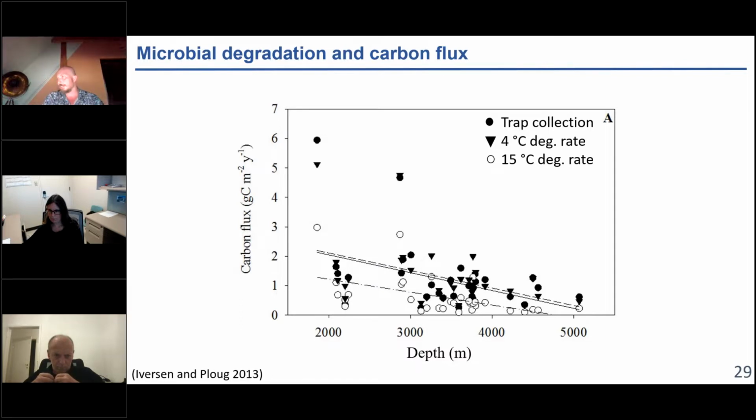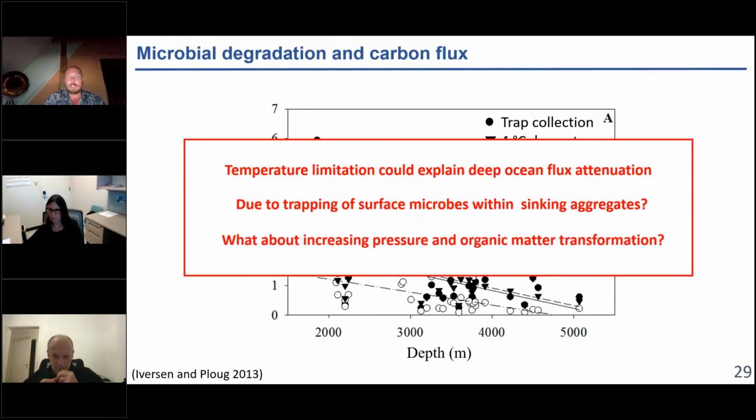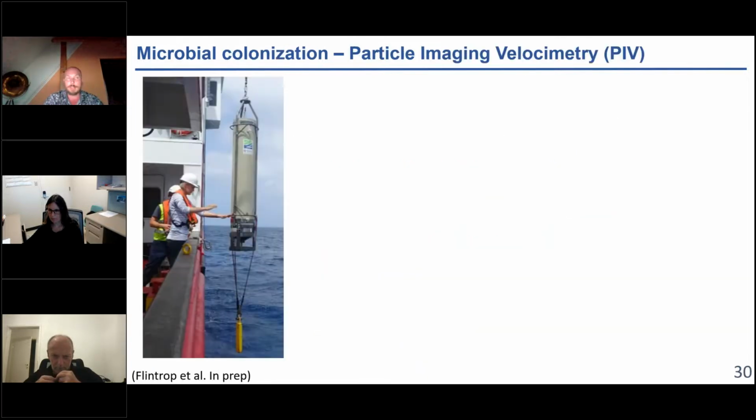I'm not saying that this is the golden way, there's definitely other processes, but it was very surprising how well they fitted and they had the same slope. So temperature definitely seemed to be a major component in the decreasing flux attenuation in the deep ocean. This temperature limitation could explain deep ocean flux attenuation, and that was due to trapping of surface microbes into settling aggregates, and this was done without increase in pressure or organic matter transformation.